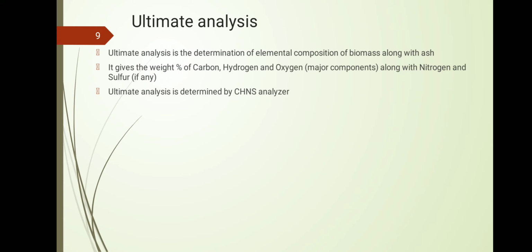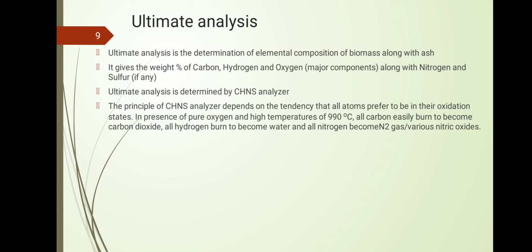The principle is that we know all atoms prefer to be in their oxidation state. So if you supply oxygen at a high temperature, around 990 degrees Celsius, what will happen? We have taken our biomass and we are supplying enough oxygen with high temperature.